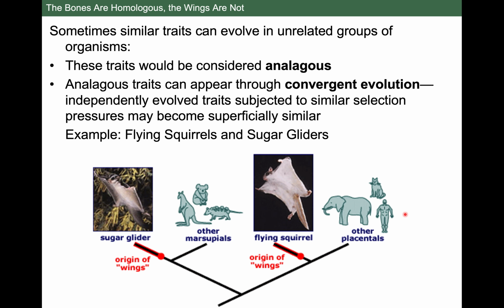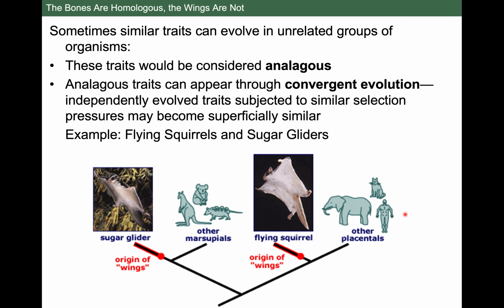So, in contrast to homology, traits could also be considered analogy. And the idea with analogous traits would be a situation where two organisms share the same trait, but the phylogenetic tree does not suggest that they shared a common ancestor that also had that trait.